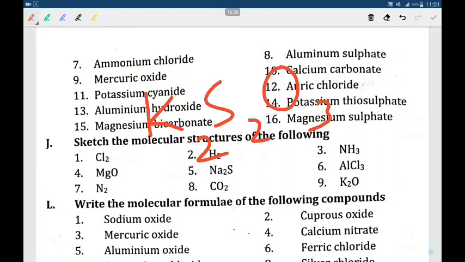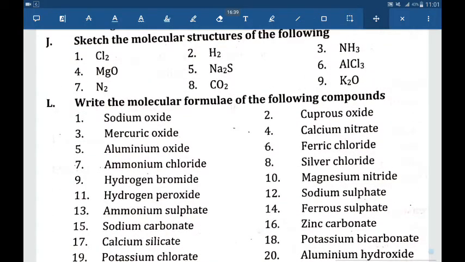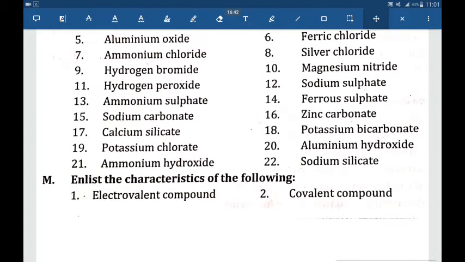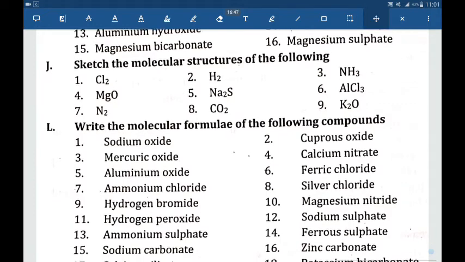So here S2O3 is thiosulfate, its valency is 2. And students, in the same way, what do we do now? Number L and then J. Discussing number J, what is here? Sketch the molecular structures.